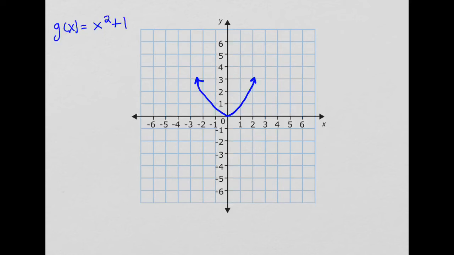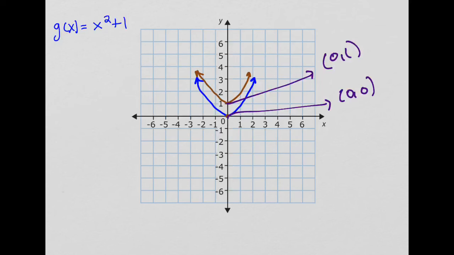So my new graph has to go up 1 from the original graph. So it's going to go up from 0 to 1. So now my lowest point is not going to be (0, 0). It's going to be (0, 1). So if you notice, the vertex here is (0, 0), but the vertex for the new graph is going to be (0, 1). So the y changed because you went up 1.